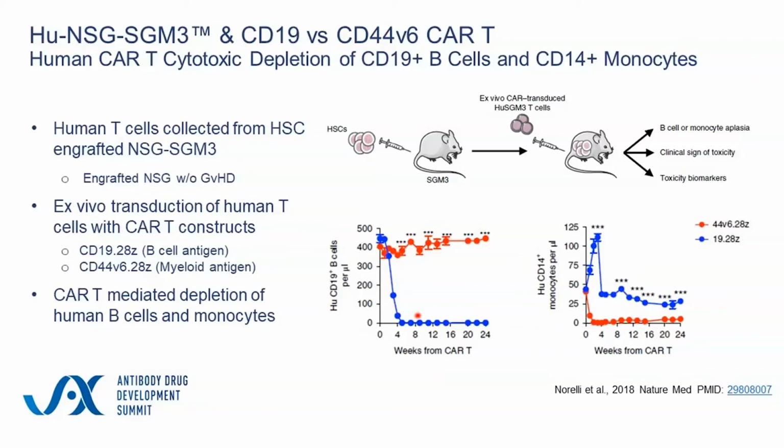Now, they chose the SGM3 because, as I said earlier, they have more advanced T cell development. In all of these models, the T cells are going to be educated on the mouse thymus.